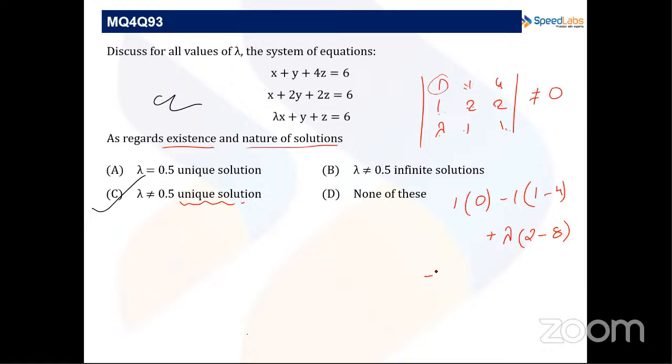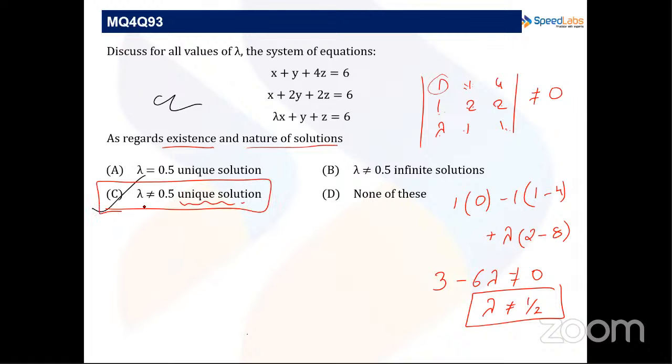So we are having minus 1 into minus 3, that will be plus 3 minus 6 lambda, which should not be 0. So lambda should not be equals to 1 by 2 for a unique solution. So C is our correct option. Got it?